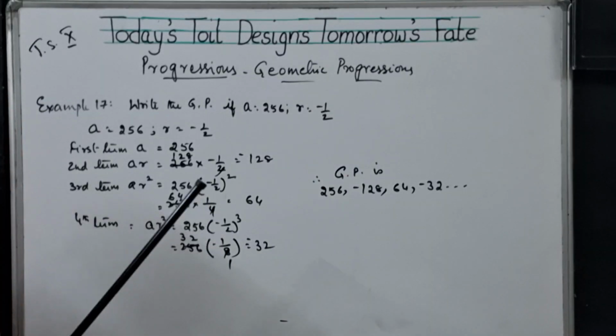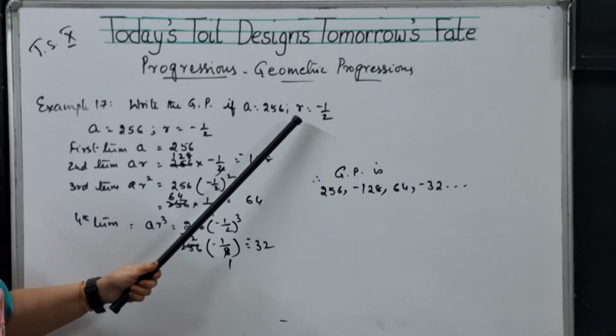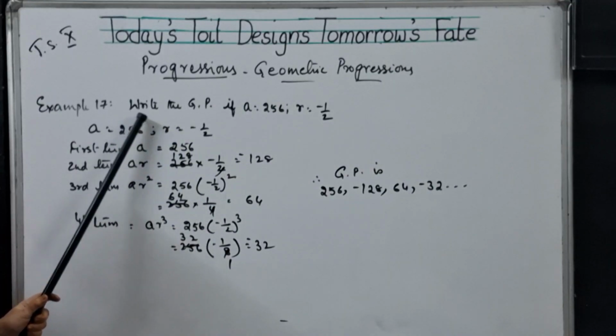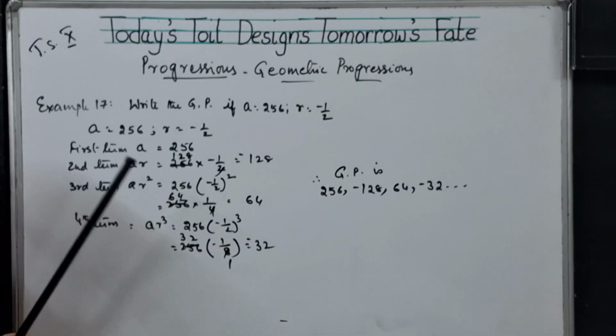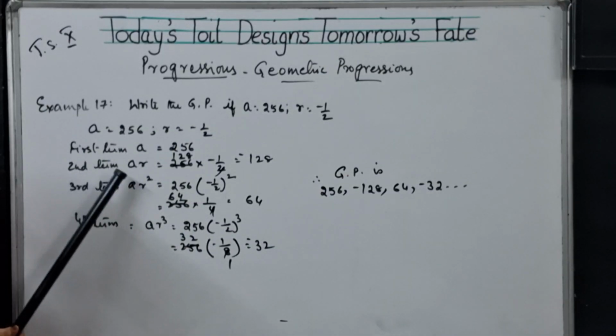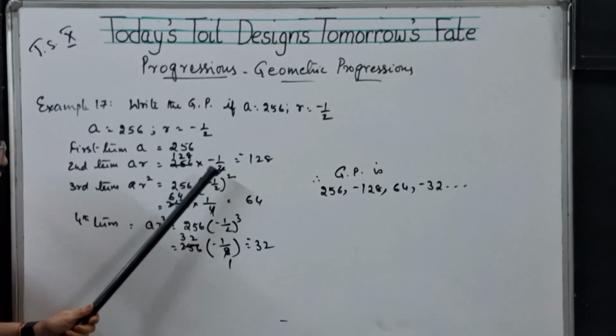So let me explain you once again. They have given A as 256 and common ratio is minus 1 by 2. Now they asked you to find out what is the GP. So the first term that is given to us is 256. The second term formula is A into R, that is 256 into minus 1 by 2.